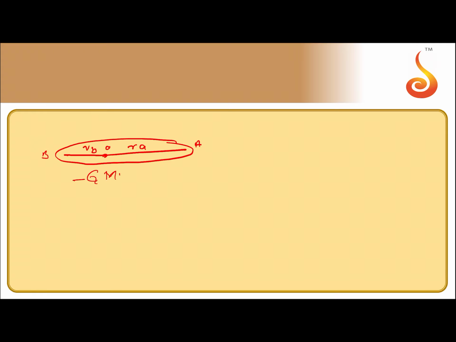Minus GMm divided by Ra, that is the gravitational potential energy, plus half m Va square. And that must be equal to minus GMm divided by Rb plus half m Vb square.